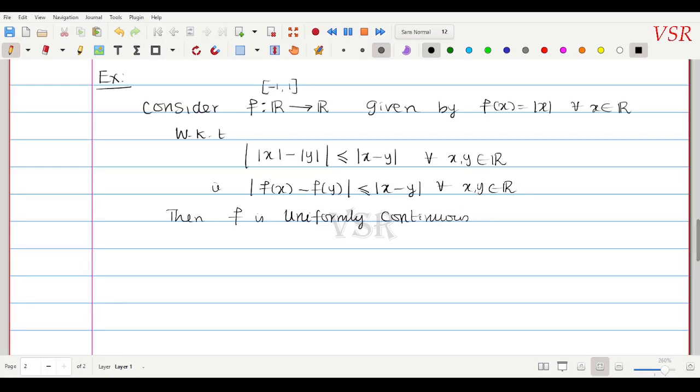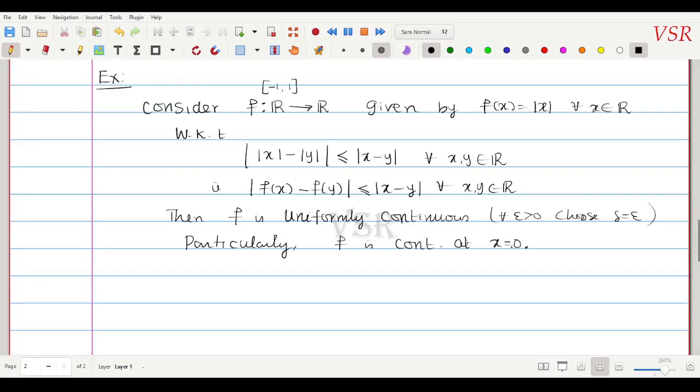What does that mean? For every positive epsilon, choose delta equal to epsilon. Then whenever modulus of x minus y is less than delta, this will be less than epsilon. So it is always uniformly continuous. In particular, f is continuous at x equal to 0.